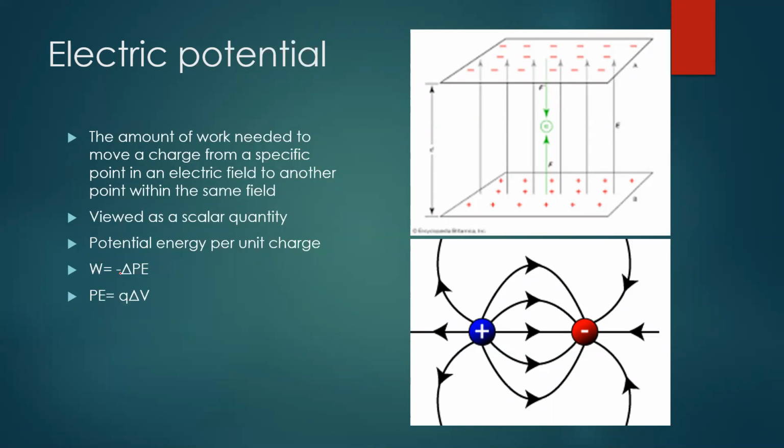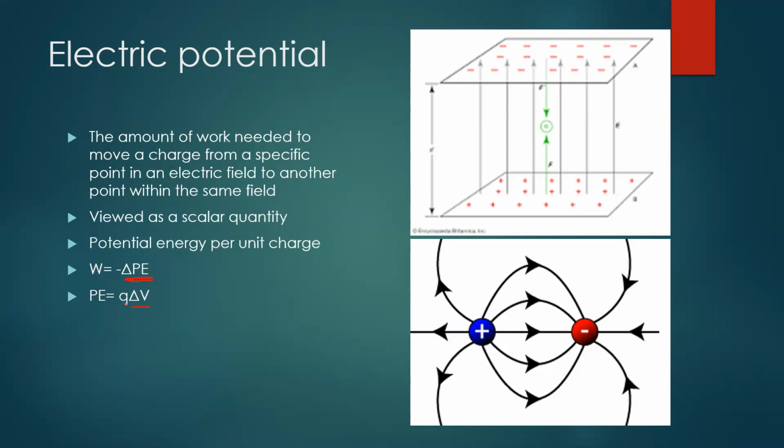The change in potential energy, negative delta potential energy, equals work. And the electric potential is directly correlated to the potential difference, or the voltage. And so what exactly does that mean?